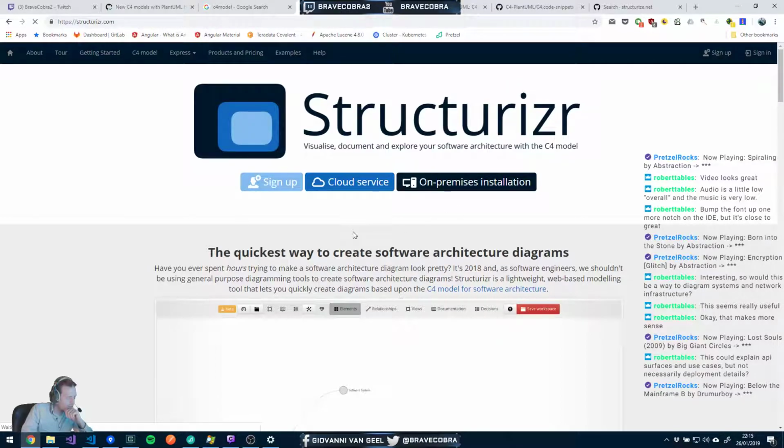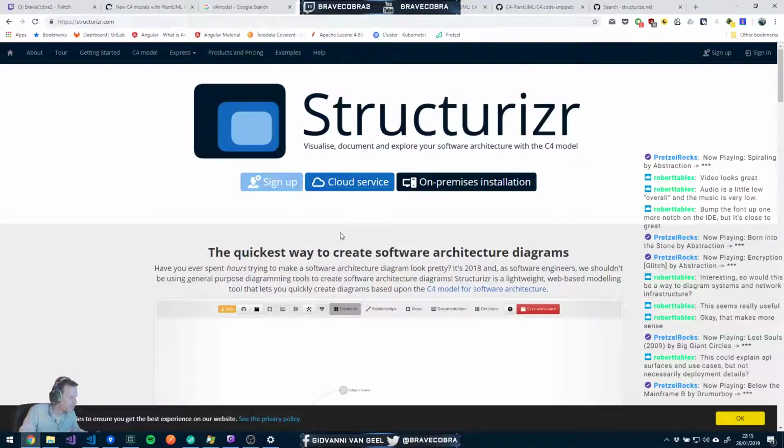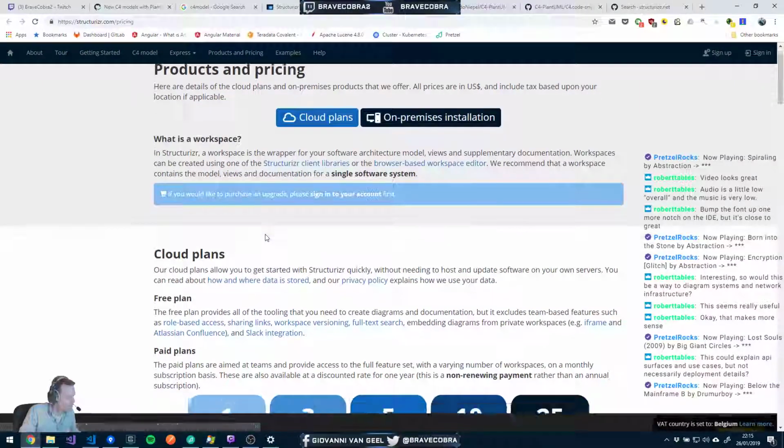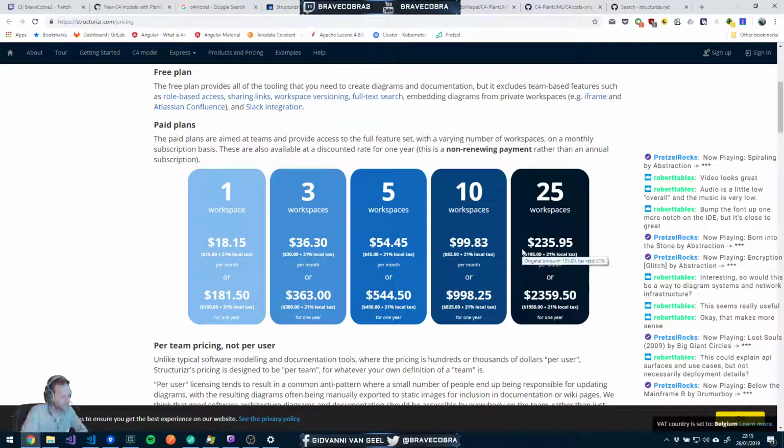This is structurizr.com, and this is the tooling itself, which they offer for a very steep price. That's the reason why I was looking at something free, of course. Well, steep, depends on how big your wallet is.